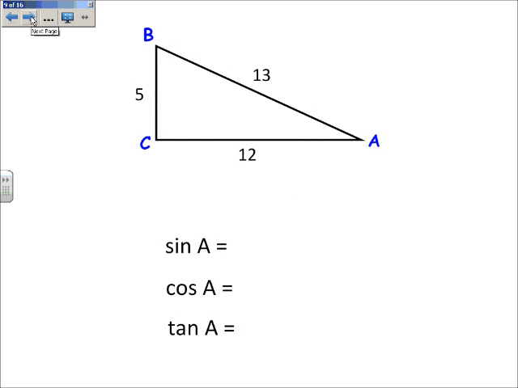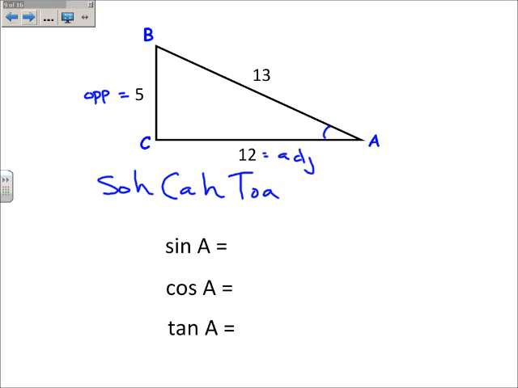All right, so here's an example. We're looking at angle A. SOHCAHTOA. Looking at A, the 5 is the opposite because it's on the opposite side of the triangle. The 12 is the adjacent because it's the adjacent leg. 13 is the hypotenuse.